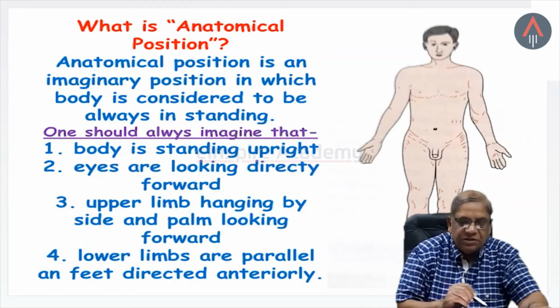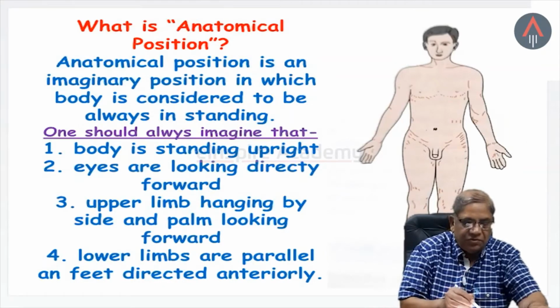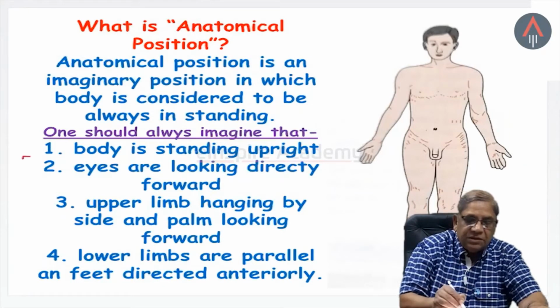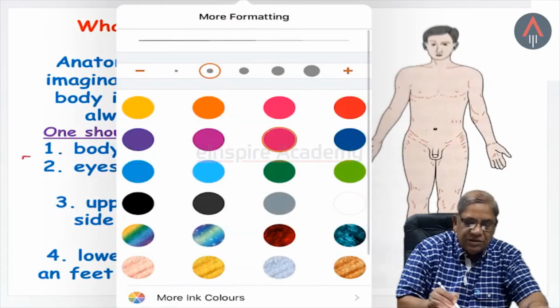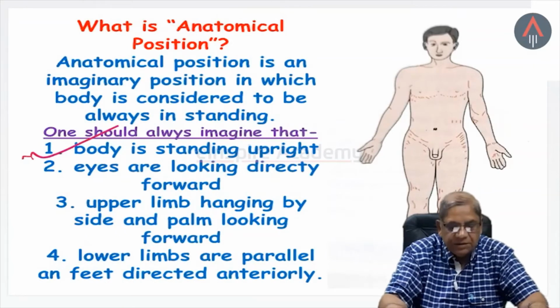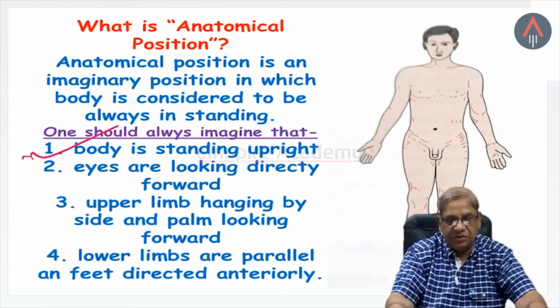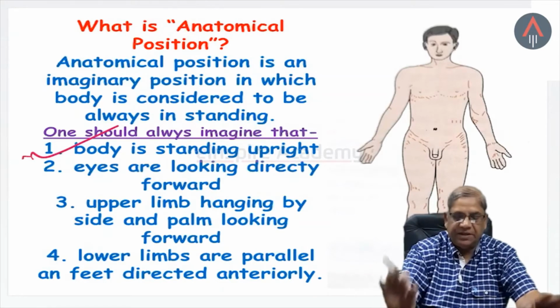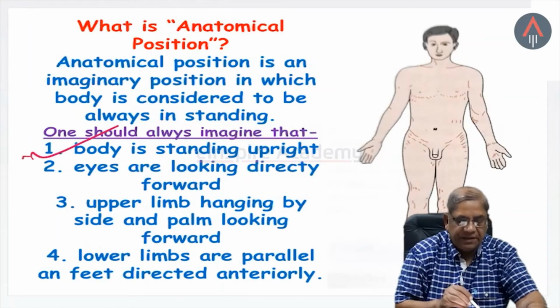So the first condition in imagining an anatomical position is that the body is standing upright, absolutely not leaning forward or backward. A person should stand upright, that is a very important condition for anatomy.